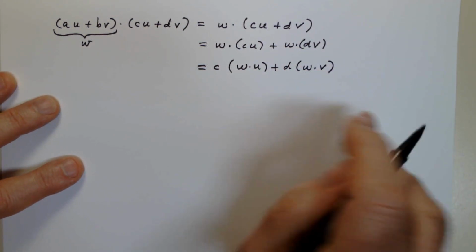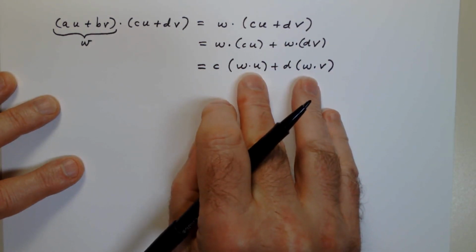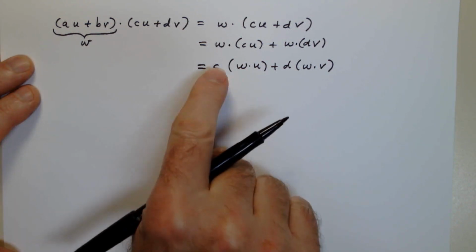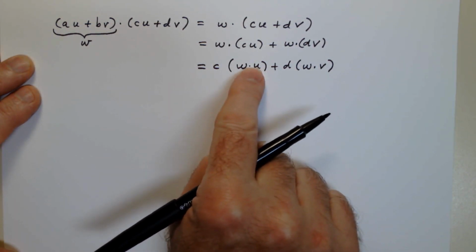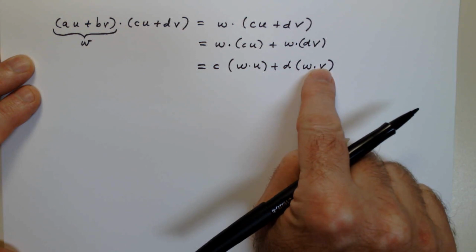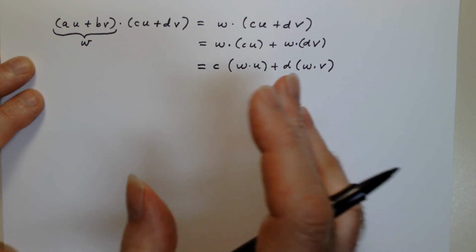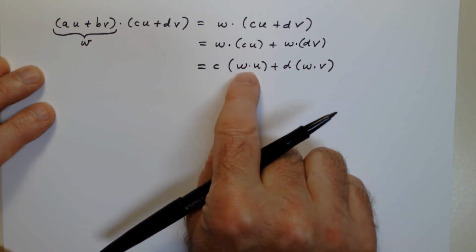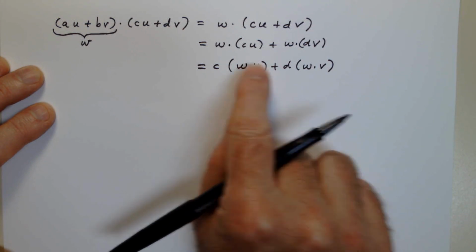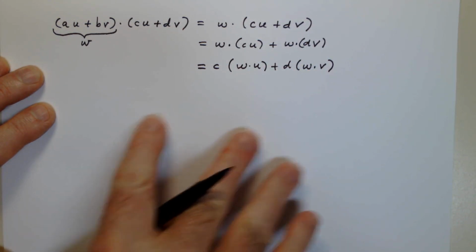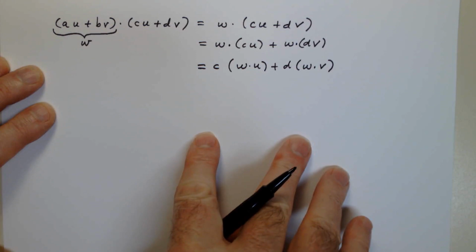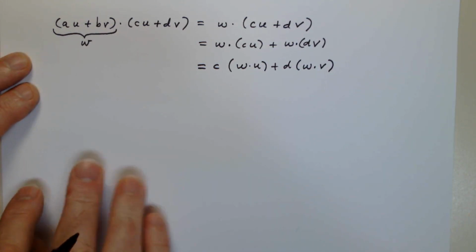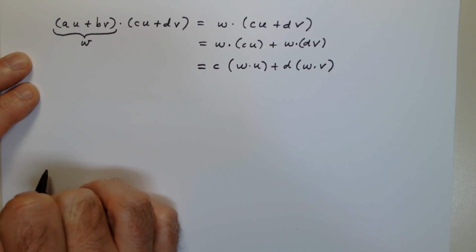And this is where I'm going to have to stop the main part of the calculation. I'm going to do a couple of side calculations because I'm going to simplify this and this. Well, they're actually not going to look simpler, but I'm going to find ways to reimagine w dot u and w dot v, and then I can insert them into this and finish the argument. So join me over here. Let's just do some side calculations.